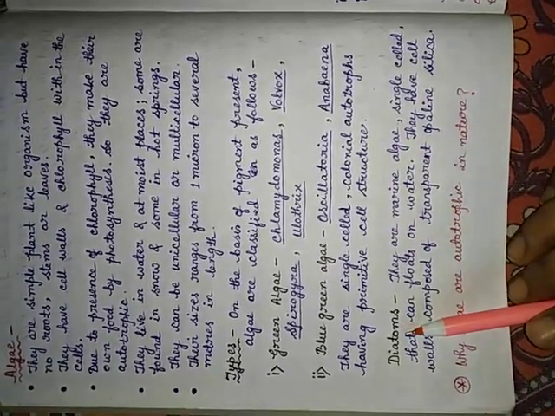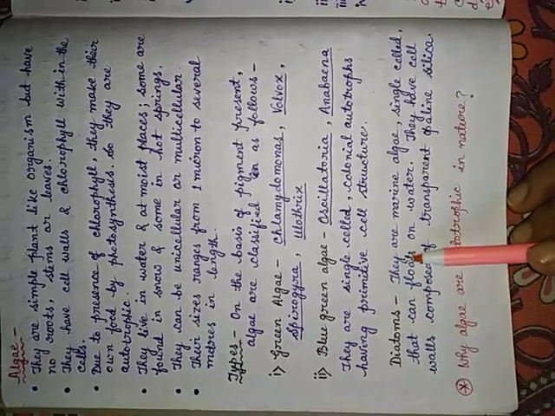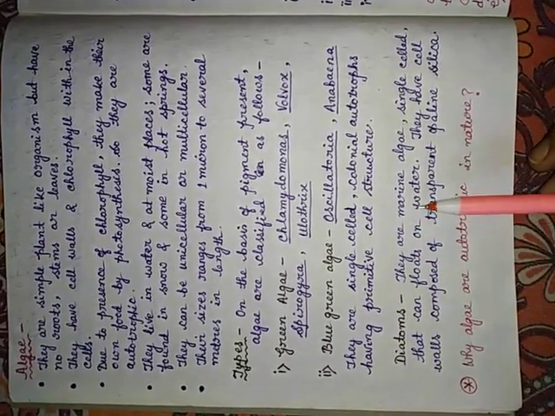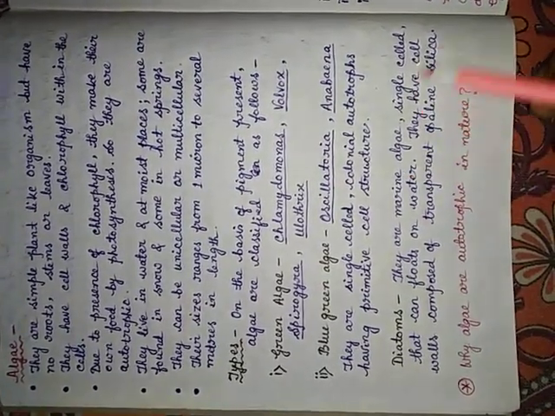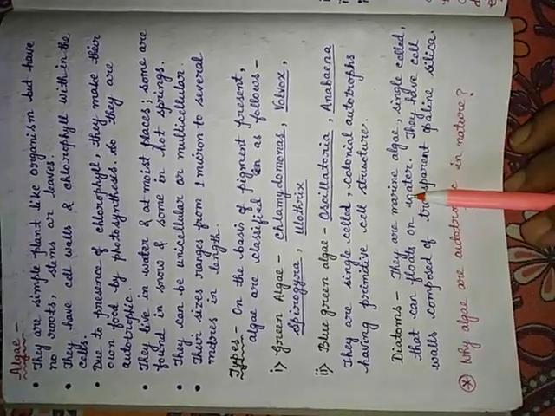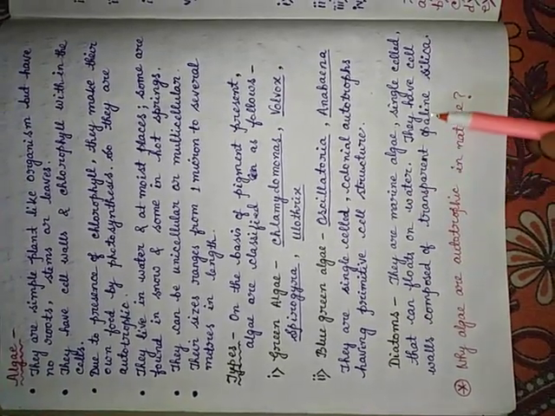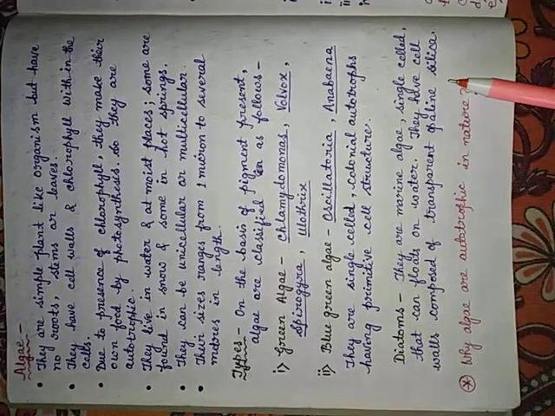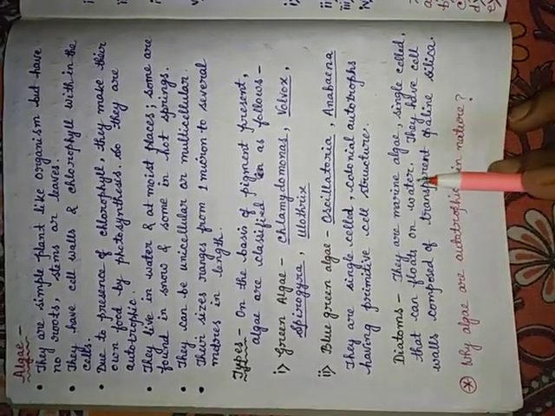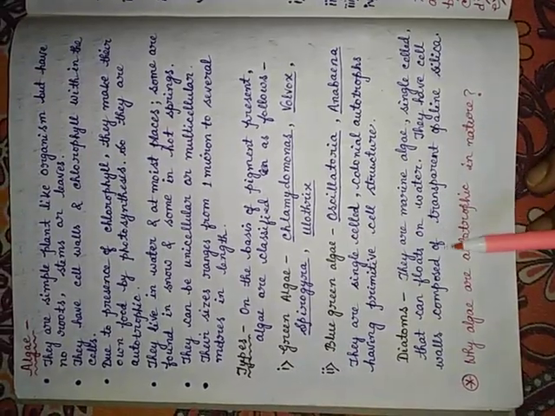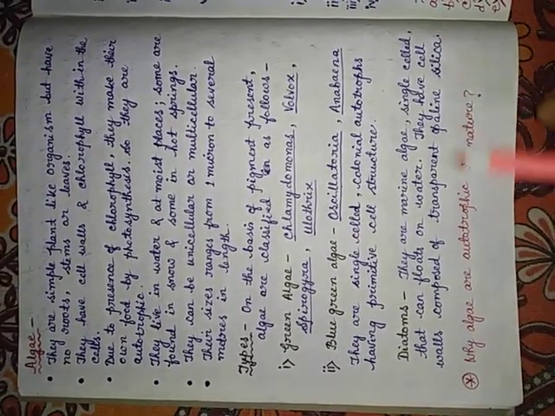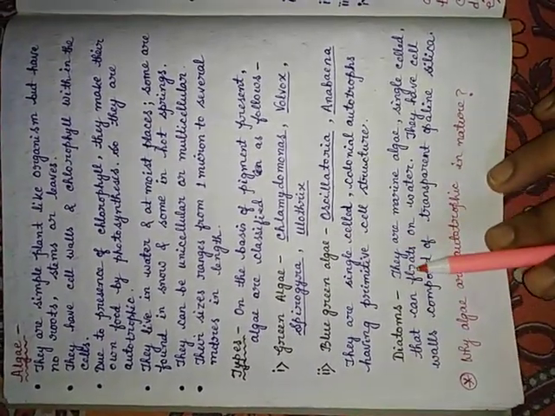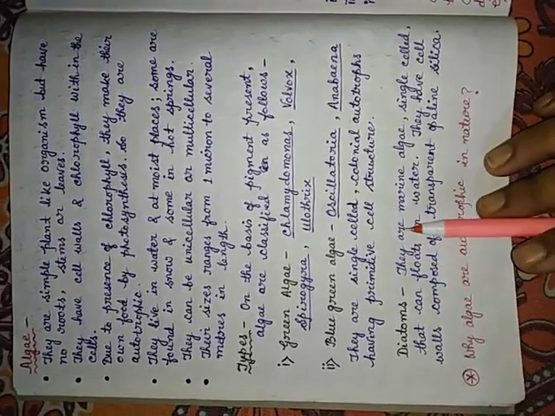Another type is diatoms. Diatoms are marine algae, found in the ocean or seawater, single celled, and can float on the water. Their cell wall is composed of transparent opaline silica. They are specialized marine algae.